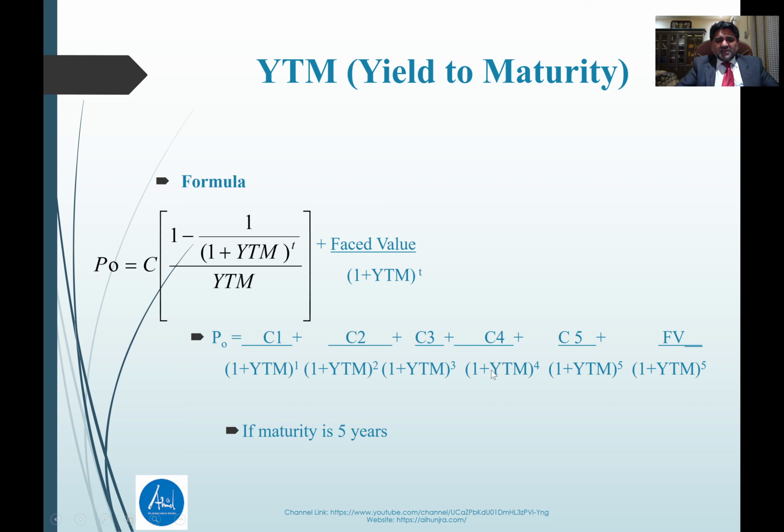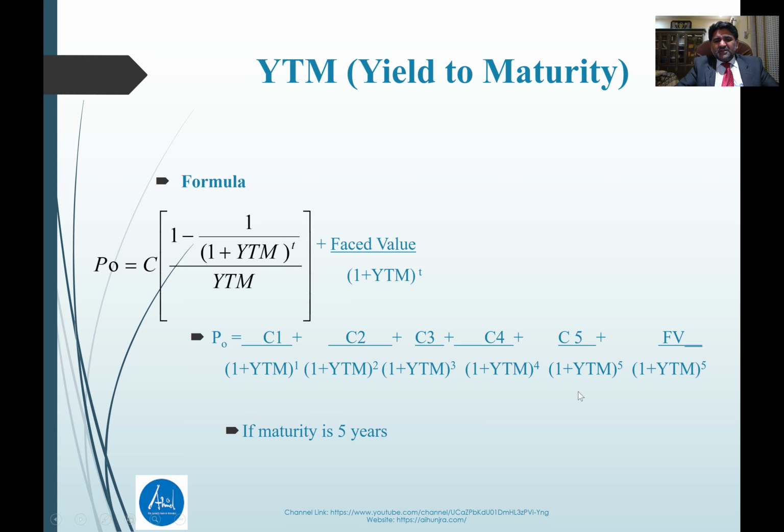Same as we have done before, we can go for either the annuity formula or the individual cash flows. What is the first individual cash flow? C1 divided by 1 plus yield to maturity raised to the power 1, up to C5 divided by 1 plus yield to maturity raised to the power 5, which is the coupon amount at the fifth year.